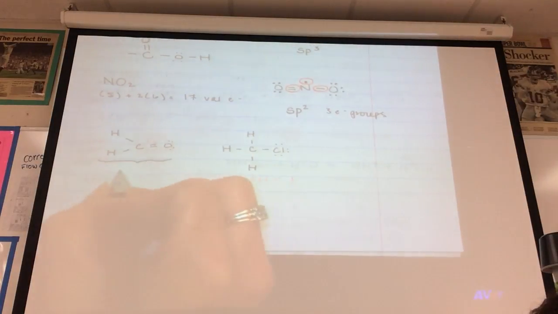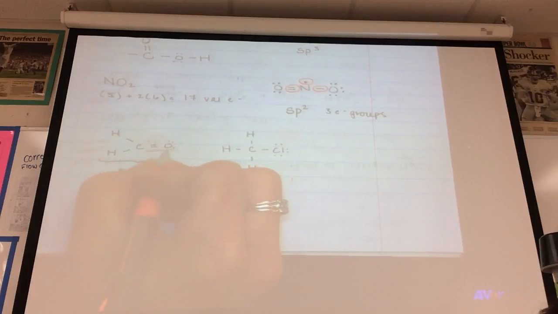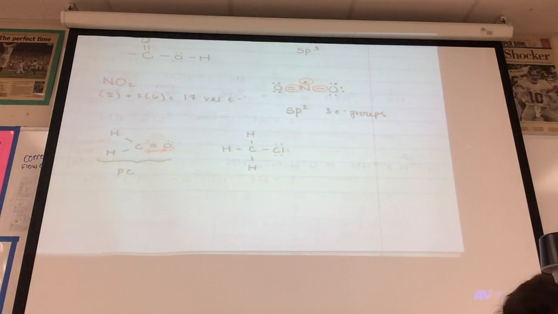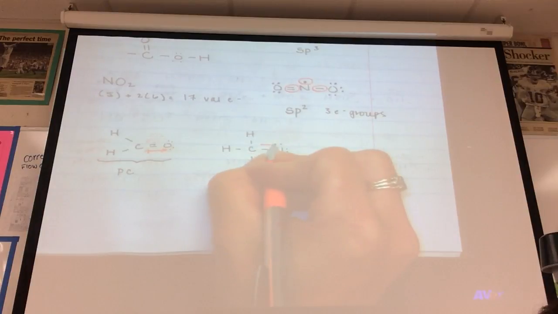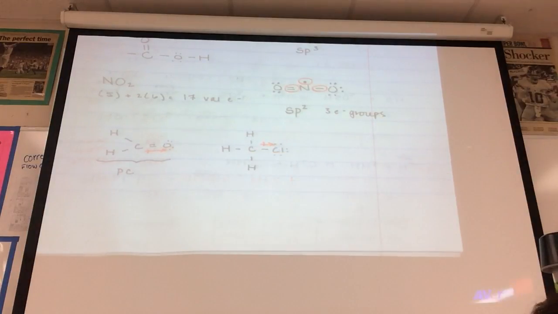Why is this a polar covalent molecule? You've got a dipole right there. The difference in electronegativity there is substantial. Polar and nonpolar? Polar as well. Dipole right there.